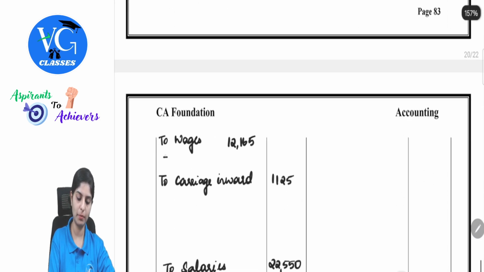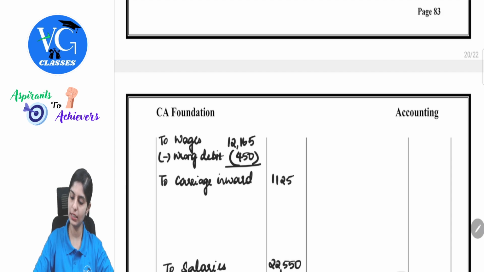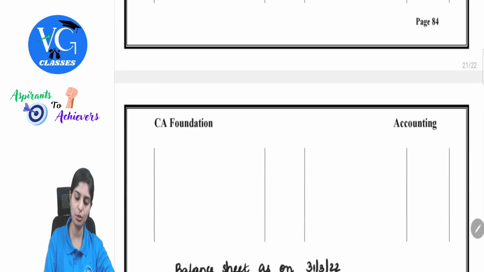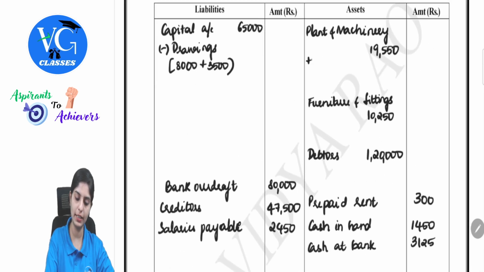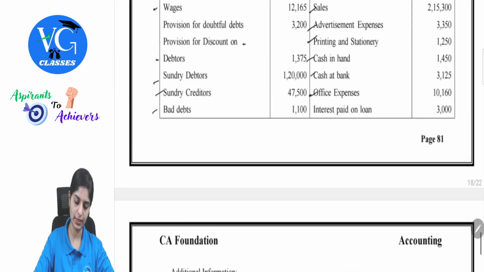Wages minus wrong debit. So this will be 12,165 minus 450, 11,715. This needs to be added to plant and machinery. Add included in wages 450. Yes, next point.